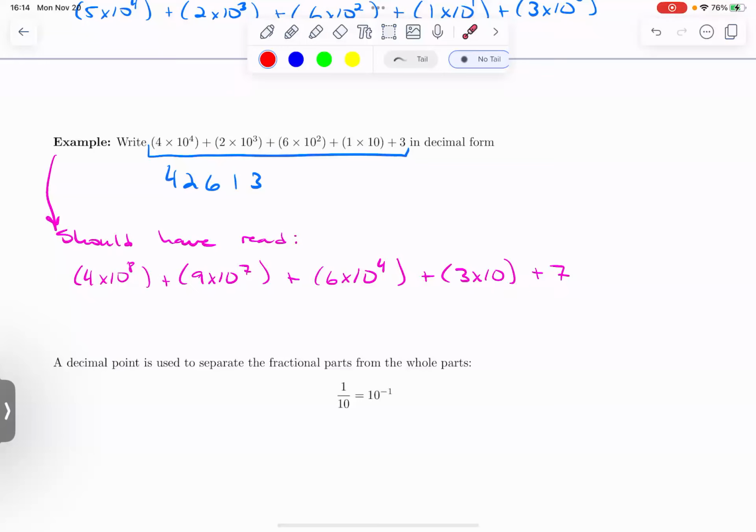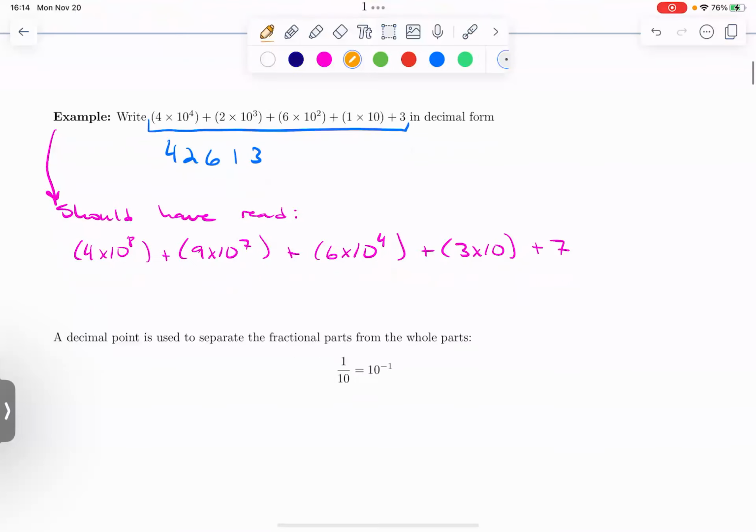Not just the ones that are shown, but starting at 8, I have 8, 7. I need to include 6, 5. I have 4. I don't have 3, 2. I have 1, and I have 0. So what I'm going to do is make placeholders all the way up to 10 to the power of 8.